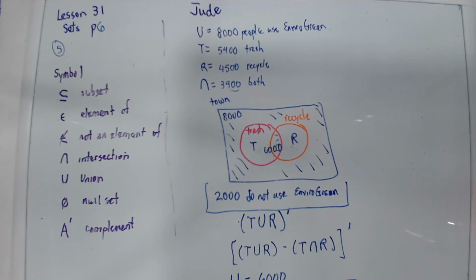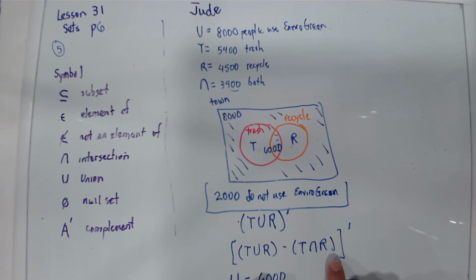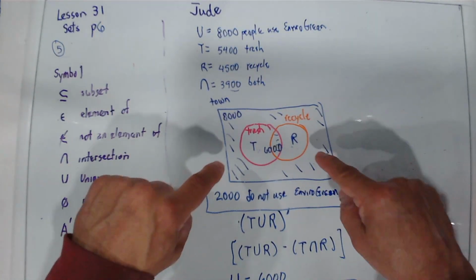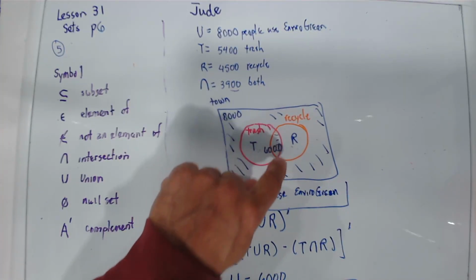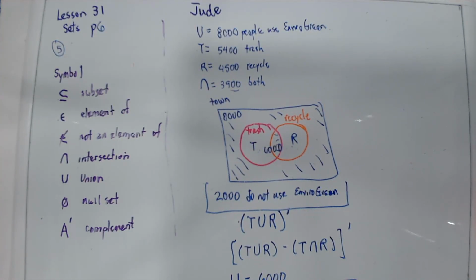Okay, Jude, we're going to go through the last bit right here. Where I left off was where we had T union R minus T intersection R. So we have T union R would be all of this, but we want to subtract the middle part, otherwise we count it twice. So the way we do that is we start plugging in the numbers.